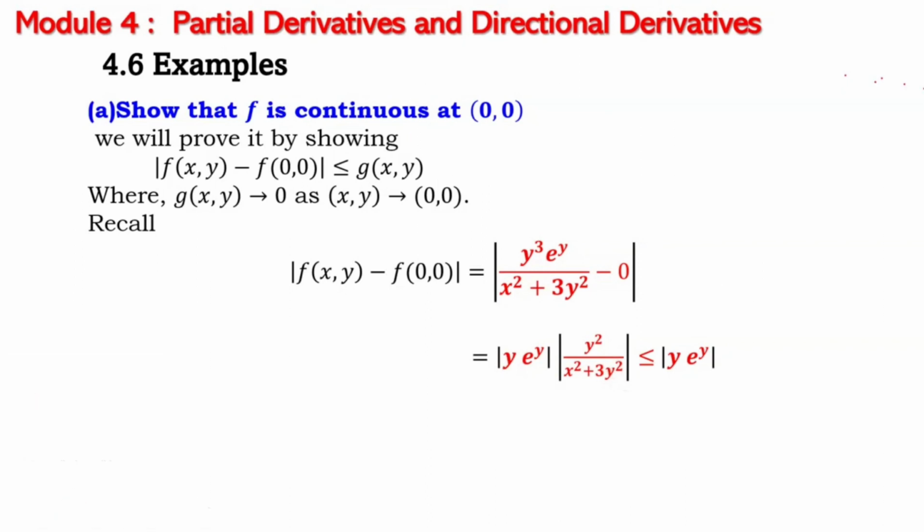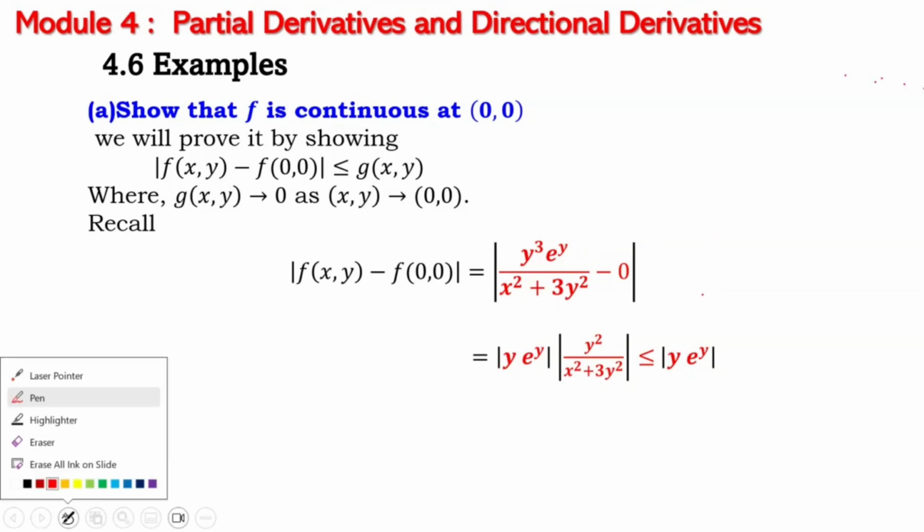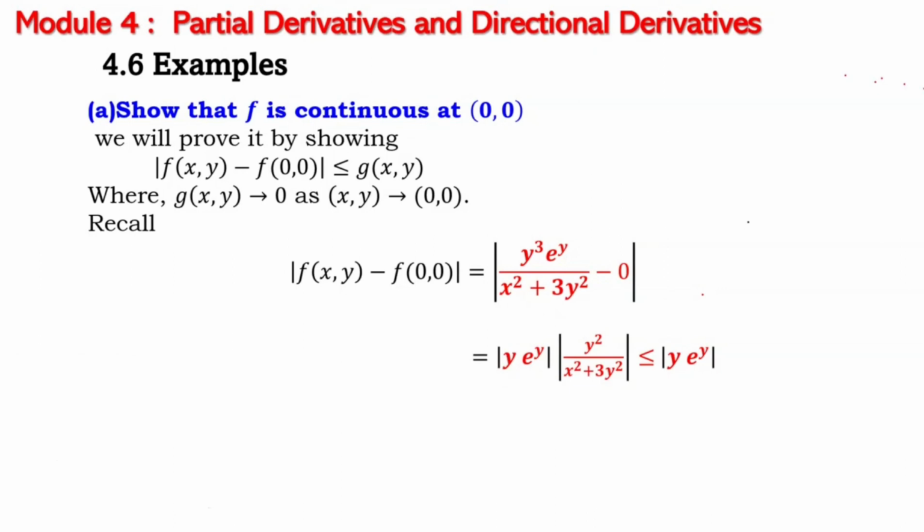We write it like this because y squared over x squared plus 3y squared, whatever y is, positive or negative, is at most 1 over 3, which is less than 1. So we are using this concept.